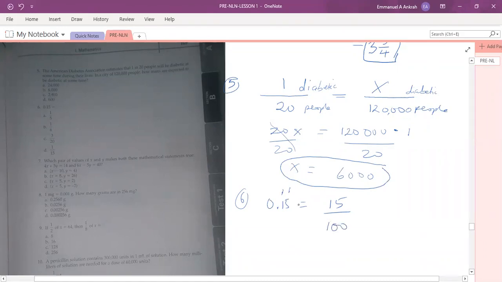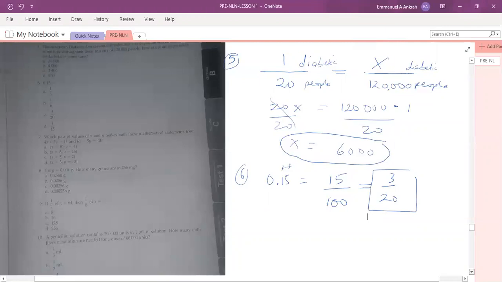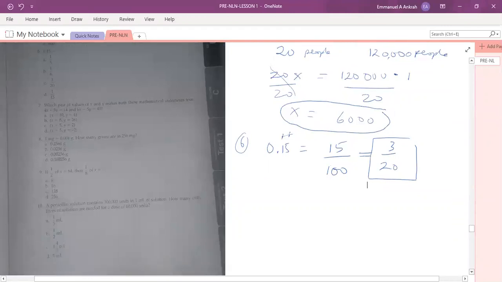It's like 15%. If you reduce to the lowest terms, 5 into 15 is 3, 5 into 100 is 20. So it's 3 over 20. Or you can work backwards from the answer.